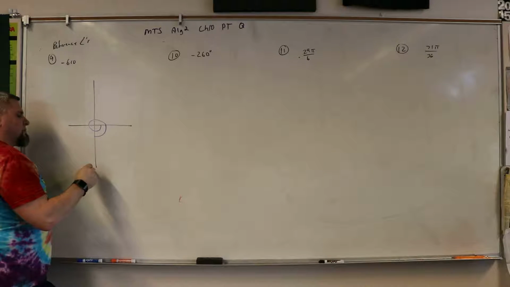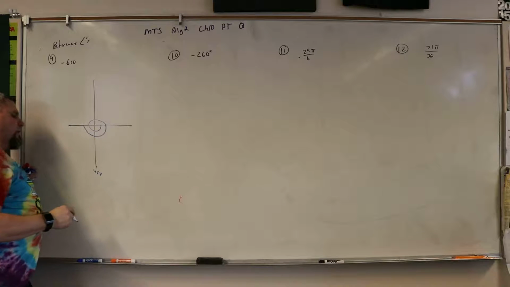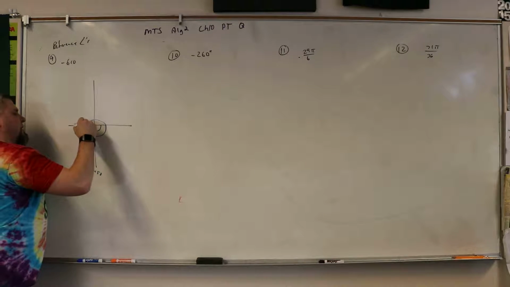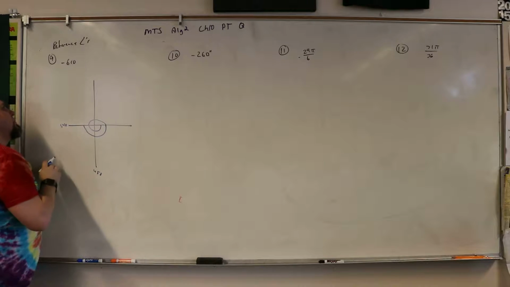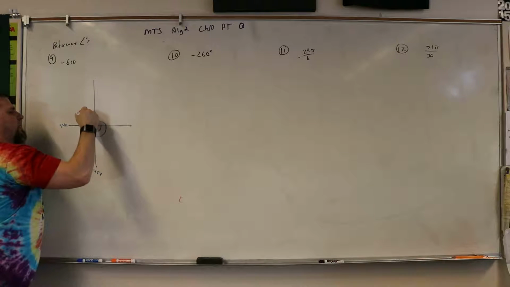And then 90 is 540. And so then we're in the second quadrant. 540 to 610, that'd be 70. Okay. Yeah, that's about right. About there.